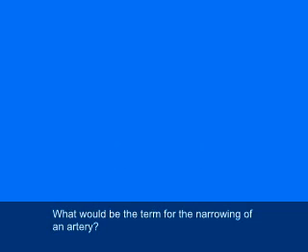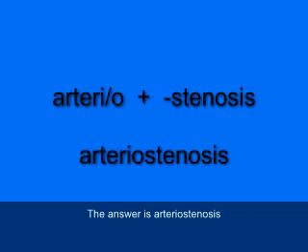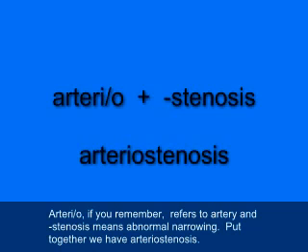What would be the term for the narrowing of an artery? The answer is arteriostenosis. Arterio, if you remember, refers to artery, and stenosis means abnormal narrowing. Put together, we have arteriostenosis.